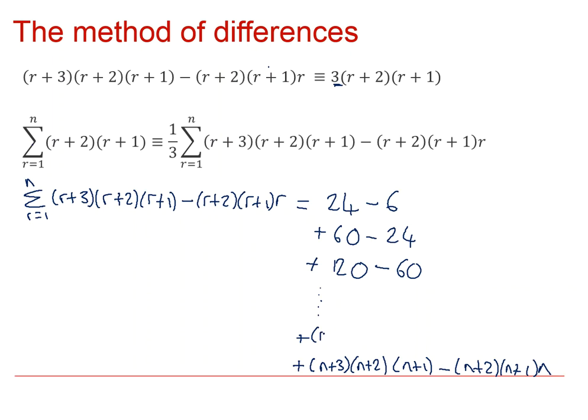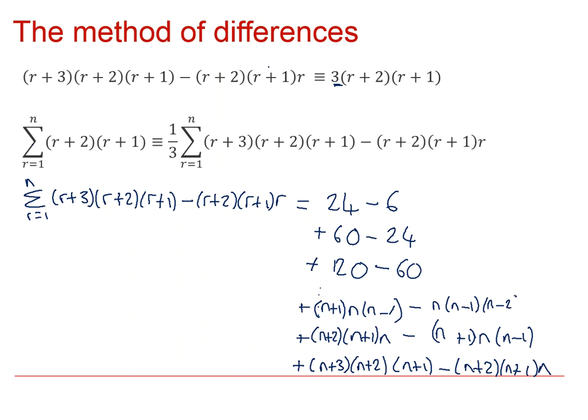The term before that, n plus 2, n plus 1, n minus n plus 1, n, n minus 1, and the term before that, n plus 1, n, n minus 1 minus n, n minus 1, n minus 2.